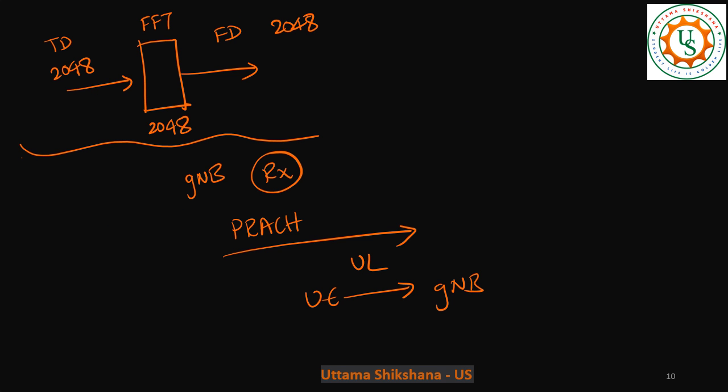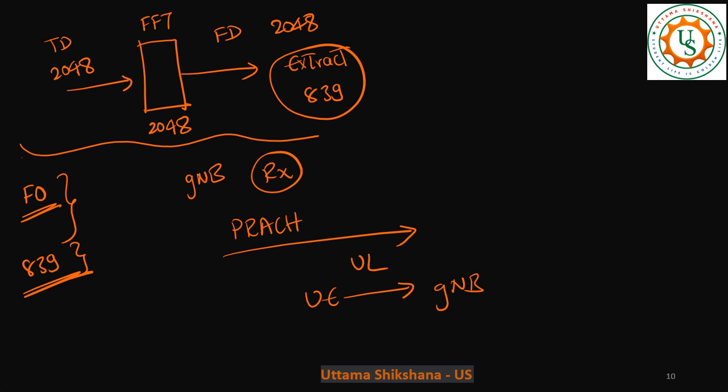Actually, the moment we talk about PRACH format 0, right, it has got a sequence length of 839. PRACH sequence length is 839. So from here we extract only 839 samples, and this FD will be multiplied with the locally generated frequency domain 839 samples.